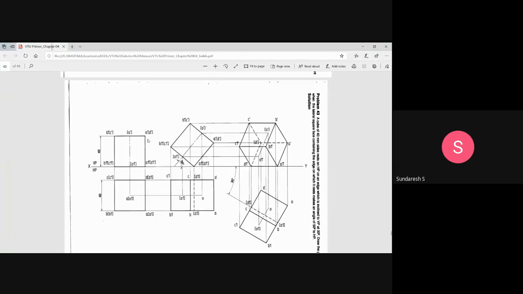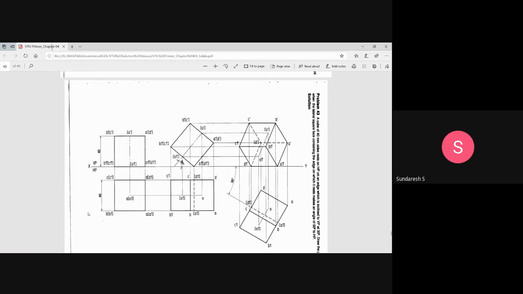next is the second position. In the second position, the condition to satisfy is that the lateral face containing the edge on which it rests makes an angle of 50 degrees with respect to HP. The resting edge here is A1 D1, and the corresponding lateral face will be the bottom one, A1, B1, C1, and D1.